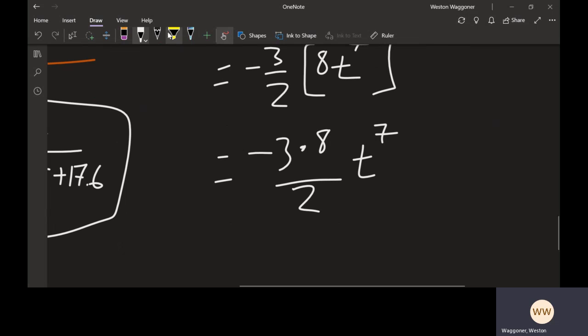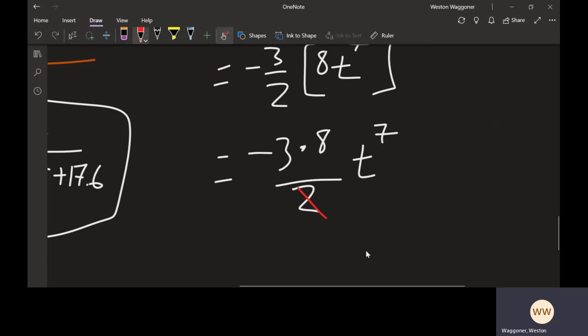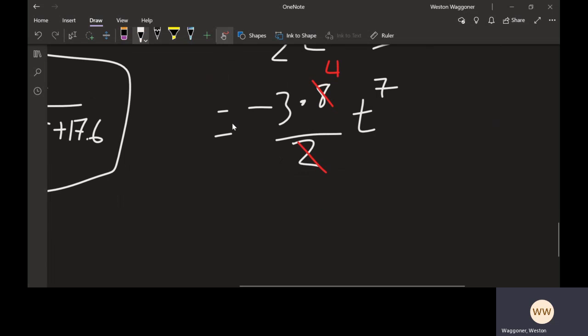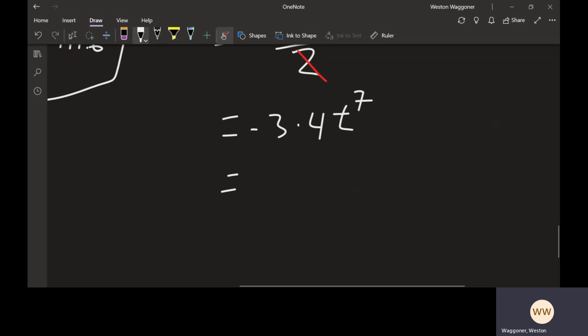Okay. So what I was saying is that I could actually reduce this 8. Hopefully this 2 cancels out. That 8 goes to 4. So this is what I was kind of saying, and it might not have confused people, but maybe it did, and I just want to make sure we could see what I was doing. So that's negative 3 times 4 t to the 7, and then negative 3 times 4, negative 12t to the 7.